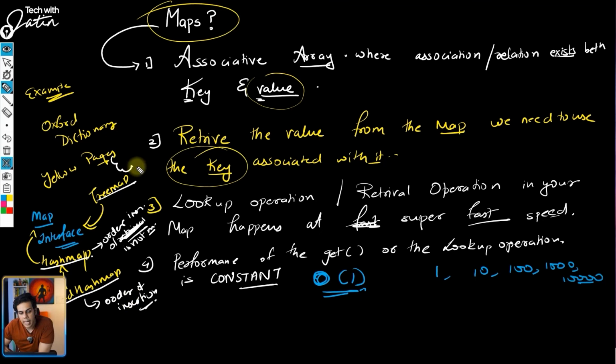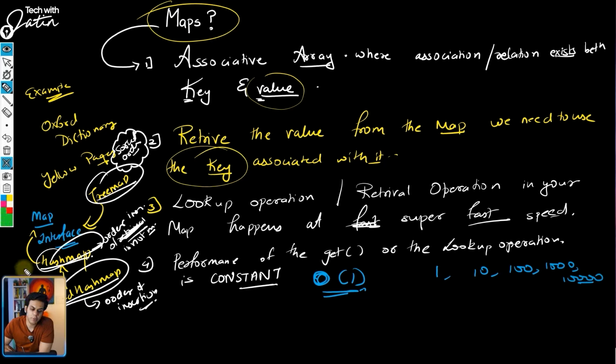And in your TreeMap, the elements will be printed in sorted order. Is this part clear to everyone? Now, out of these three maps, the performance of HashMap is way better compared to the LinkedHashMap and TreeMap.